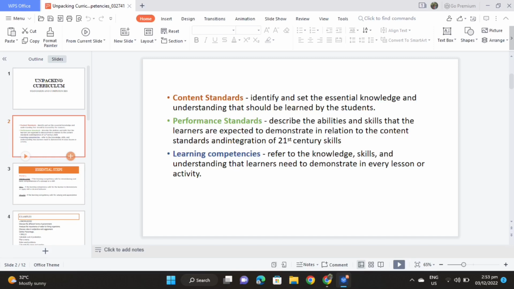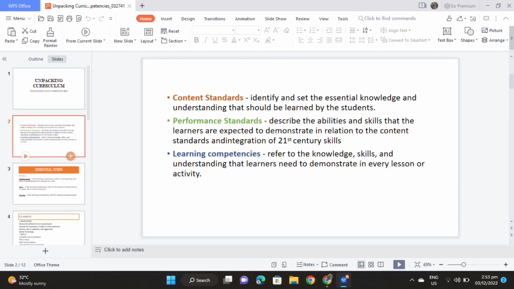The Department of Education Memorandum Order Number 8, Series of 2015, defined curriculum standards and competencies. Content standards identify and set the essential knowledge and understanding that should be learned by the student.